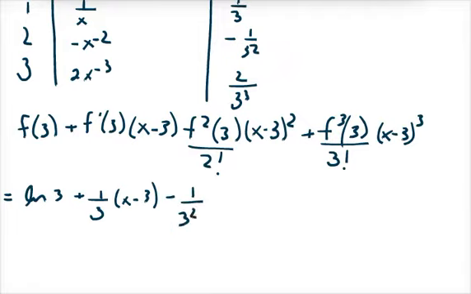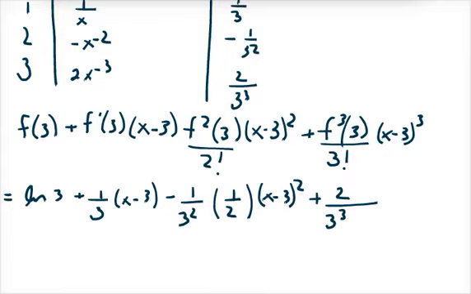It looks like this. I kept it in powers of 3 for a reason, so that we can see what the pattern is here. All right, and this is 3 factorial over x minus 3 cubed.